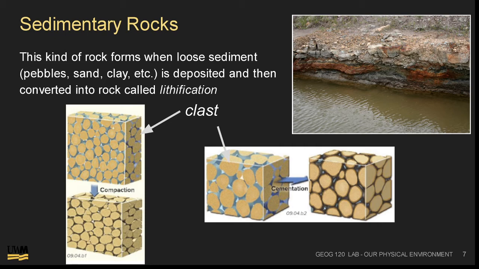This is often due to the weight of whatever is above that sediment. Could be water, such as at the bottom of the ocean. There's a ton of pressure from the weight of the water of the riverbed, but especially the weight of any more sediment that gets deposited on top.